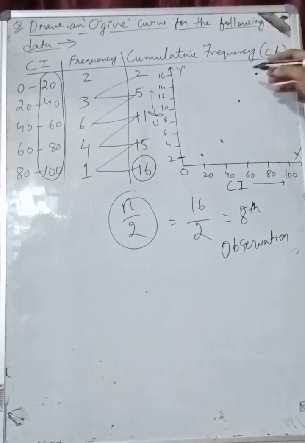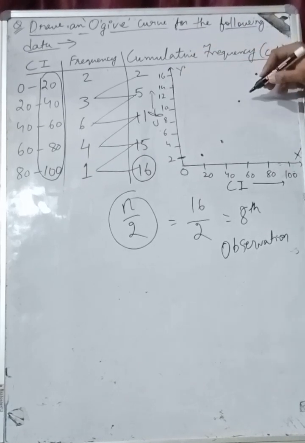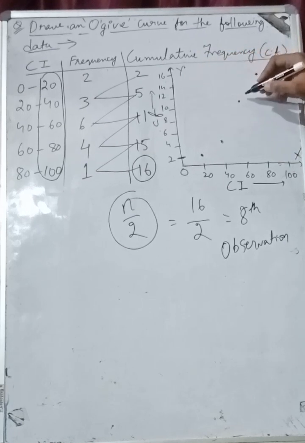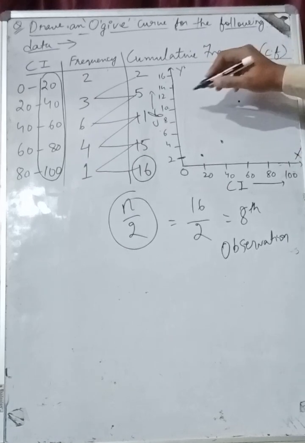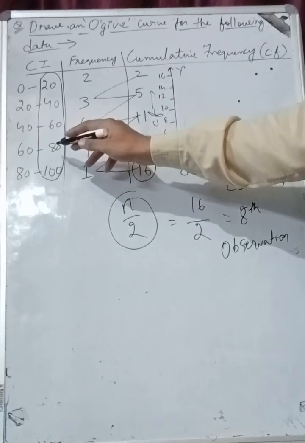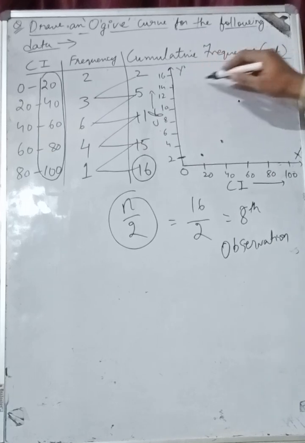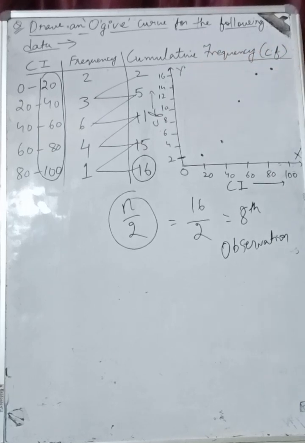So you plot above 60 where these two perpendicular readings meet. In the same way, the corresponding value of 80 is 15, which you can plot somewhere above 14 in the graph copy.